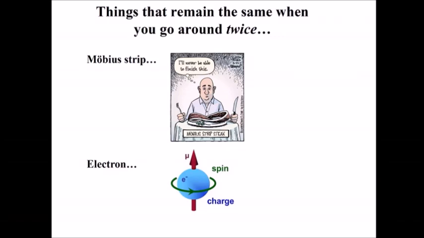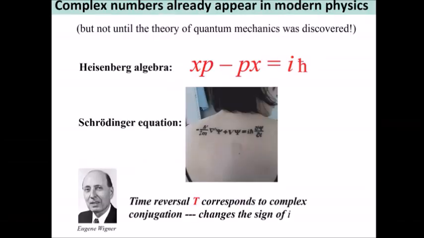Okay. So what I've done is I've tried to explain to you that complex variable theory is very important. And in fact, complex numbers are used all the time in modern physics. Okay? But I want you to remember that complex numbers were not used until quantum mechanics was discovered.